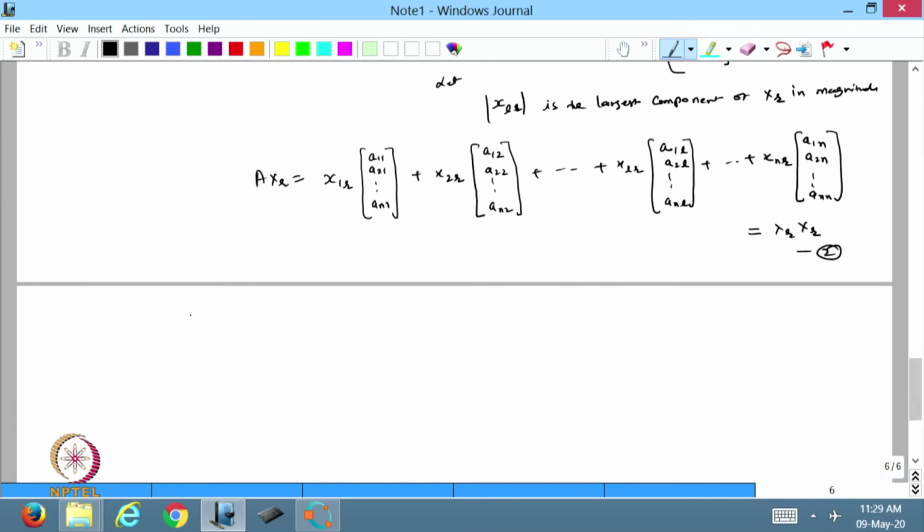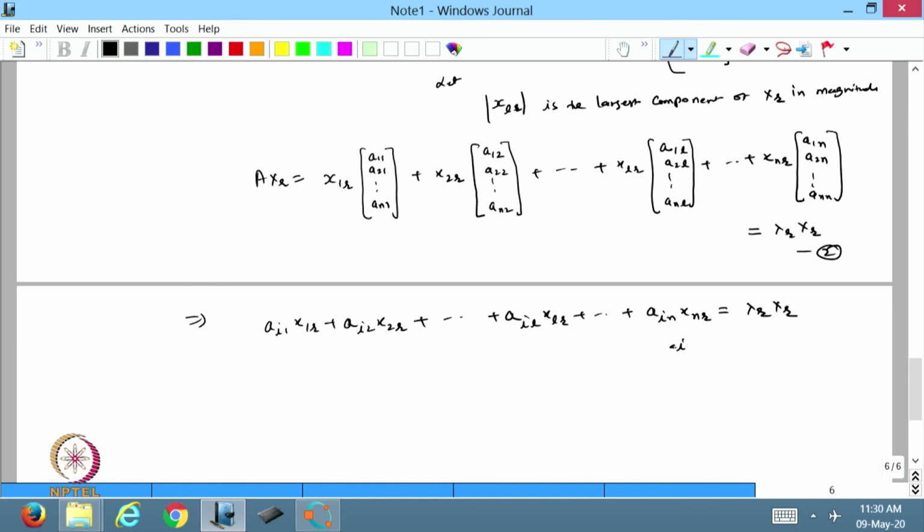Now, I can write this in terms of A i: A i 1 into x 1 r plus A i 2 into x 2 r, up to A i l into x l r, up to A i n into x n r, that is equal to lambda r x r for all i.